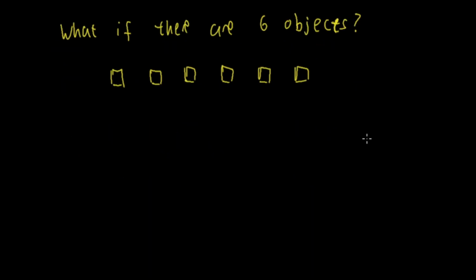6 objects. Okay. At the beginning, how many options do you have to choose from? You have 6, right? Now, you chose one already, so how many options do you have left? 5, right? So we have 5 to choose from. Another one gone. How many are left for you to choose from now? 4, right?